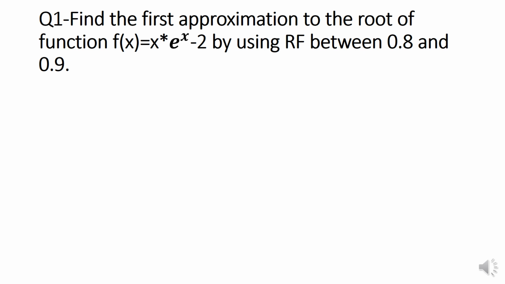Now as we know, f of x is equal to x e power x minus 2. Now x1 is equal to a into f of b minus b into f of a by f of b minus f of a. Substituting the values, here a is 0.8 and b is 0.9.